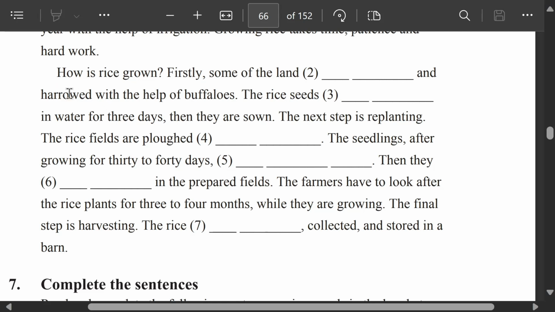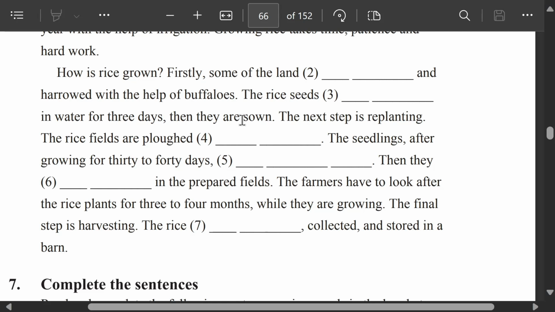Harrowed, maybe? The rice fields are plowed and harrowed again? Yes, maybe it's the same again, right?